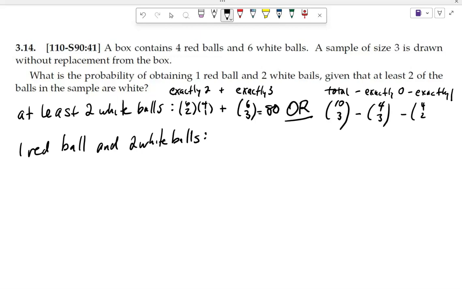Good. No white means they have to be all red. So of the 4, all 3 of them had to be. You get 4 to choose from and 3 reds. If it's exactly 1 white, there's 6 to choose from. So 6 choose 1. The rest have to be red. 10 choose 3.